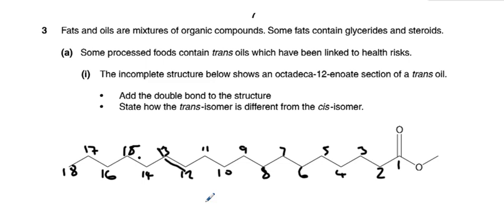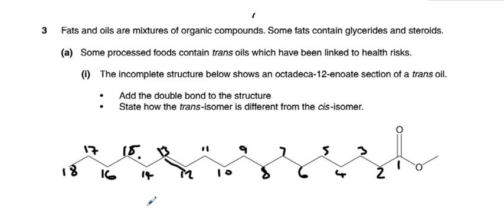Now, second bullet point asks, how does the trans differ from the cis? So which version have we got here, cis or trans? We have the trans version, don't we, because you've got the two different branches on opposite sides.